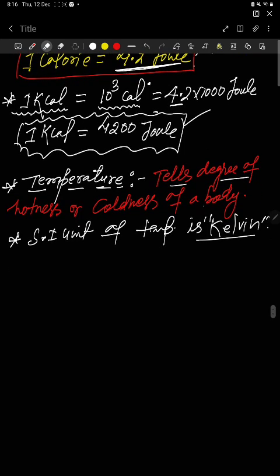Calorie can sometimes be written as kilocalorie. 1 kilocalorie is equal to 10 to the power 3 calorie, and if I convert this calorie into joule, 1 kilocalorie can be written as 4200 joule.